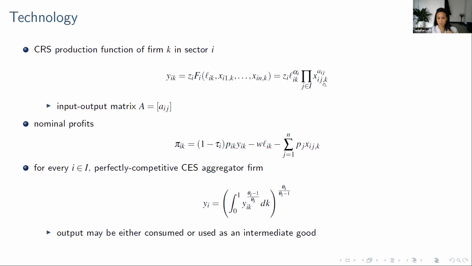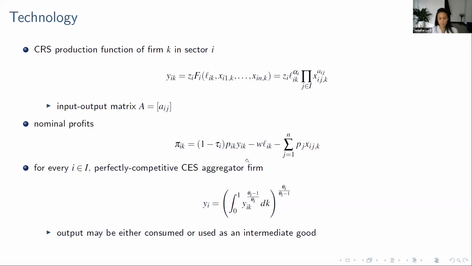And then these are their intermediate inputs. This is the amount that firm k in sector i uses of the good from sector j, and so a_ij will be that input share in that firm. Hence you can think of the input-output matrix in our economy as just this matrix of the a_ij's, of these input shares.